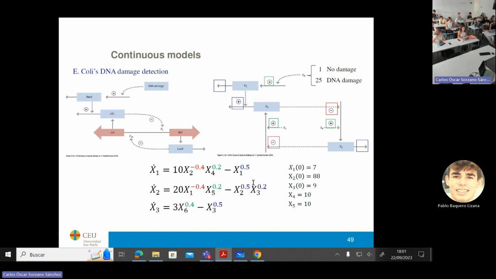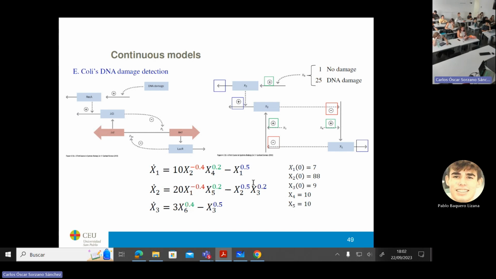Let's look at X3. I think X3 is the simplest one. For X3 there is an input from the outside, that is whether there is damage or not. If there is DNA damage, then this protein, or metabolite, or whatever, goes up to a concentration of 25.